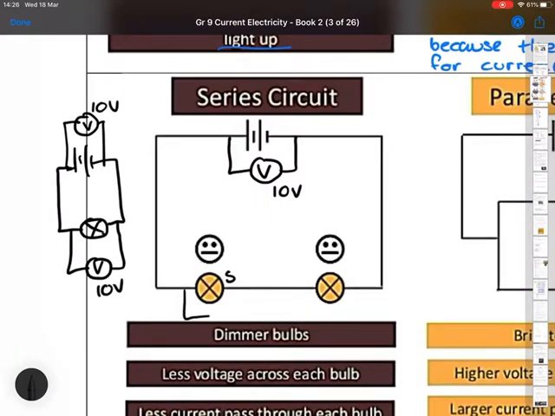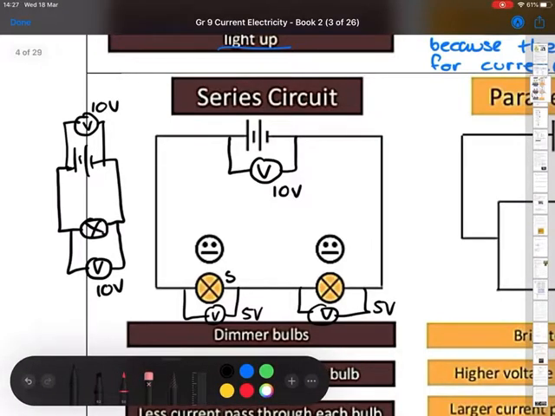Whereas if I've got two light bulbs, each one would only get 5 volts. So if I put a voltmeter there, it would be 5 volts, and if I put a voltmeter here, it would only have a reading of 5 volts. So each bulb has only got a potential difference across it of 5 volts, and so it would be a bit dimmer.